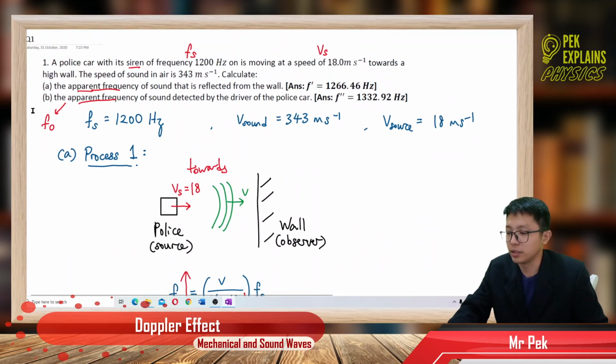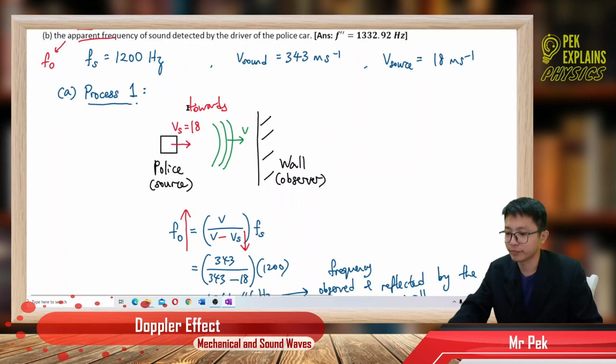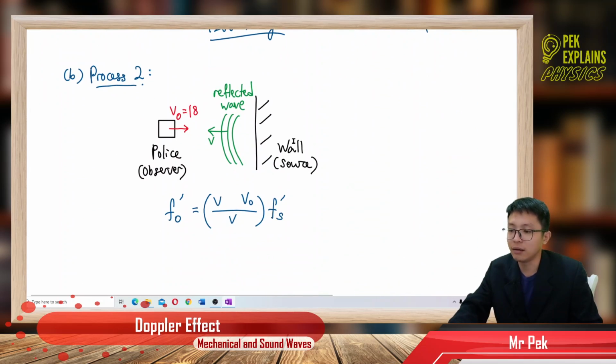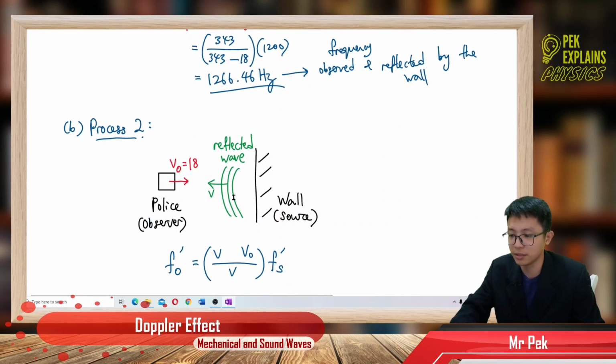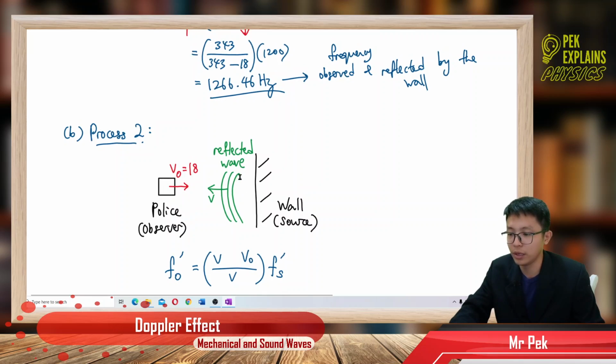So the second question: the apparent frequency of sound detected by the driver of the police car. Why does the police car detect the sound this time? Because now the wall reflects the wave. Just now the wall observed this frequency, and now it reflects the same frequency, the wave that is already compressed.